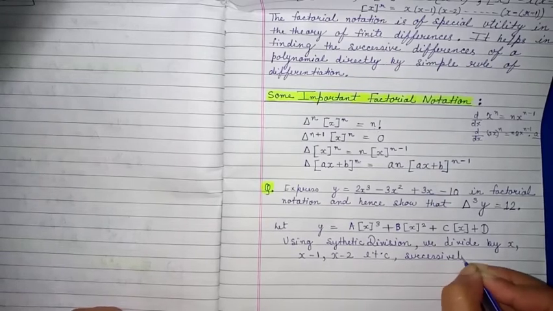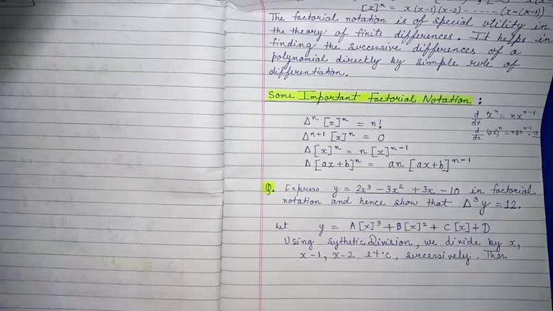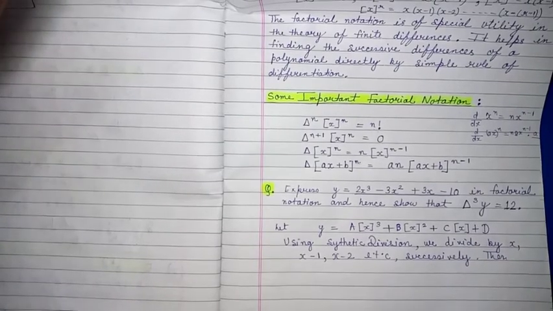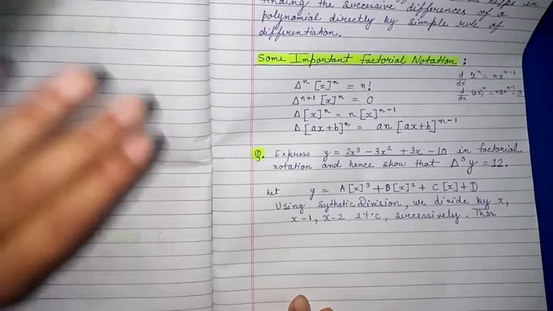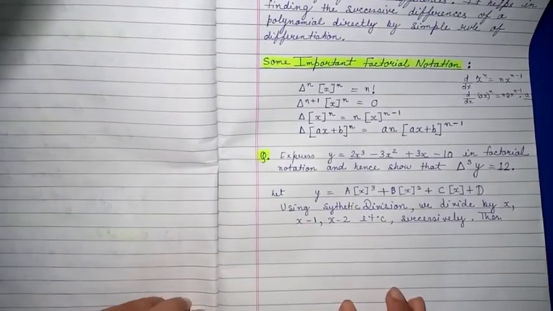But students, don't think that we are going to do long division. I am showing you a very simple method to solve such questions. It's very simple, only attention is needed while I am explaining.